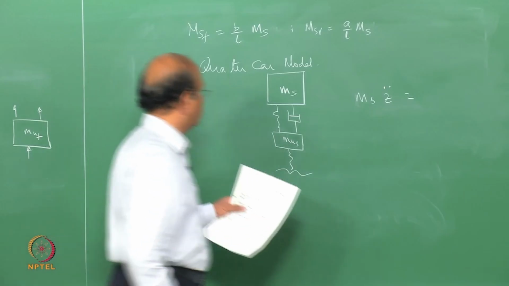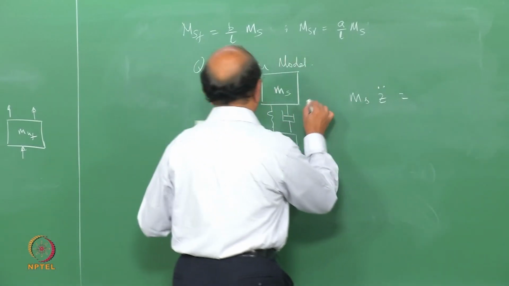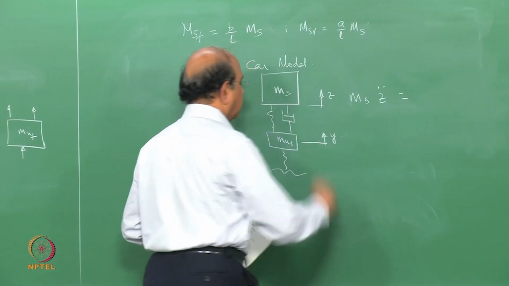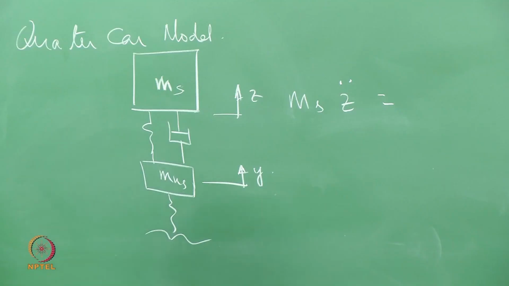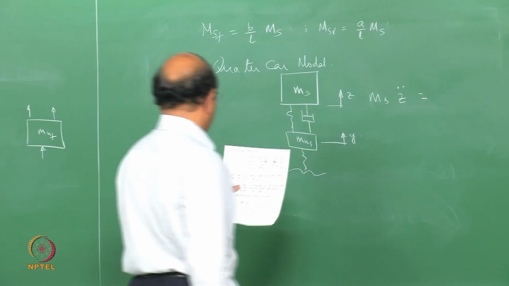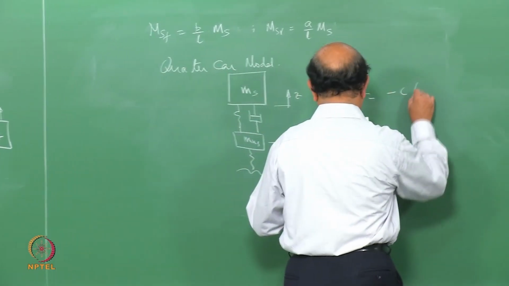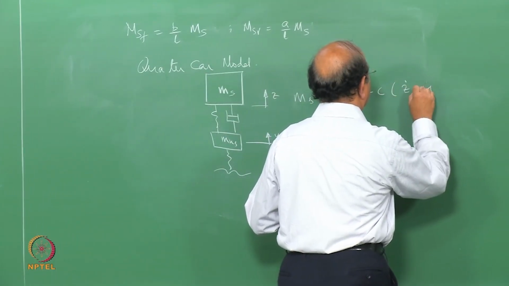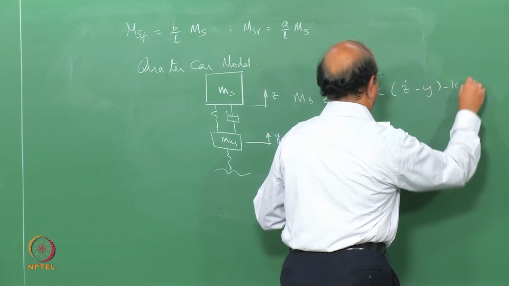Is equal to, as I told you, this one we would call Z, and that is Y. Minus C into Z dot minus Y dot. I want you to check this.